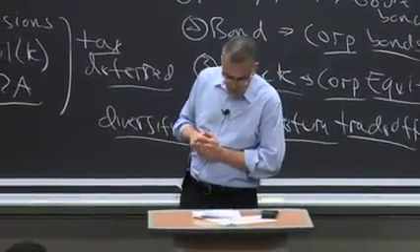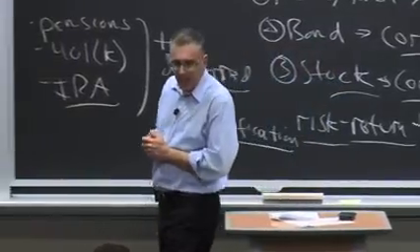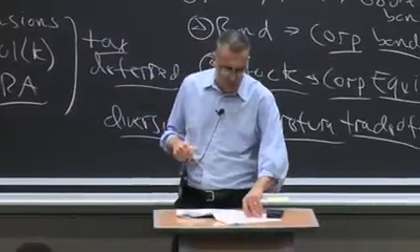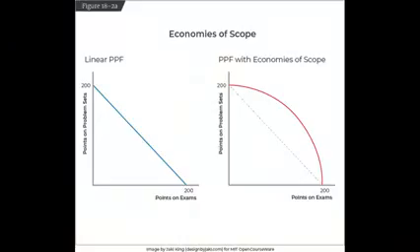Okay? So basically, let's think about that. Let's go to figure 18.2 because it's easier to see this graphically. Let's think of you as a firm, and you as a firm produce 2 things: problem set points and exam points.